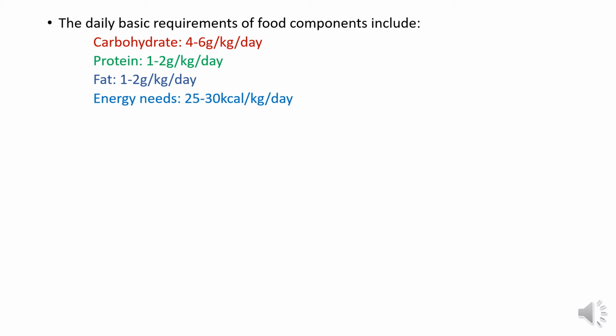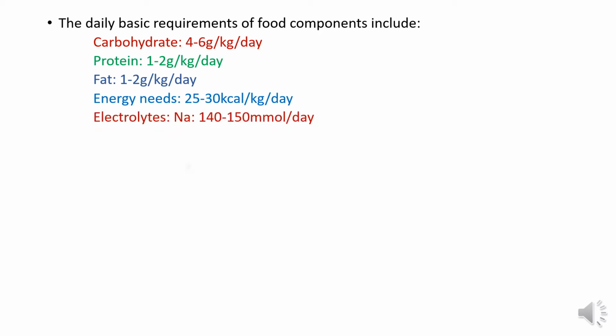Protein and fat have similar values. So for carbohydrates, it's 4 to 6 grams per kg per day, and then for fat and protein is 1 to 2 grams per kg per day. And then the energy needs in total is 25 to 30 kilocalories per kg per day. And this is similar to the non-protein requirements we mentioned earlier.